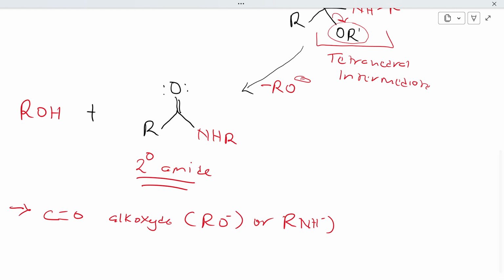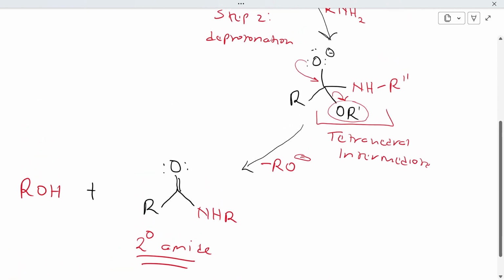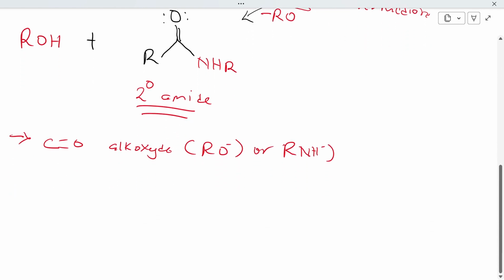And there's something I did not explain. Let me explain it. When we have this molecule attached to our carbonyl carbon, and RO also attached, to know which one is being expelled and which one is not, you should look at their pKa.